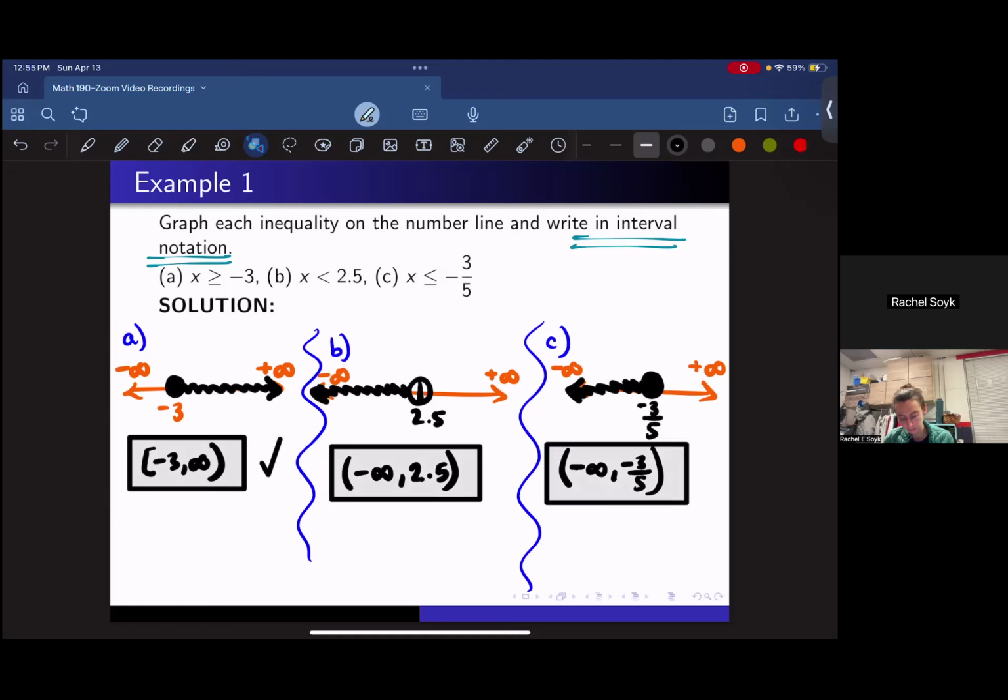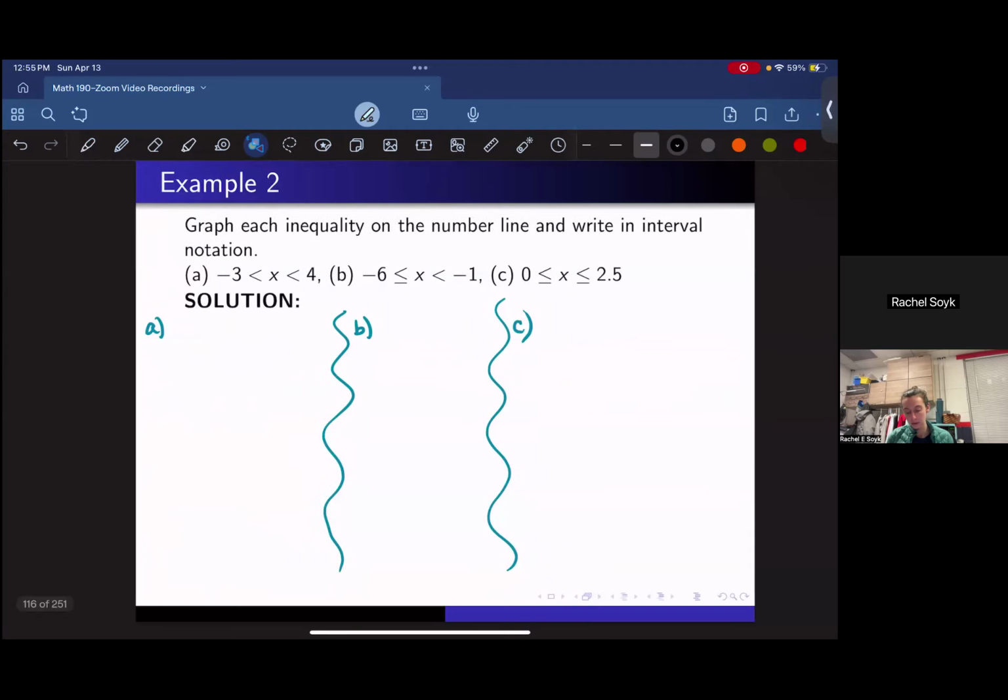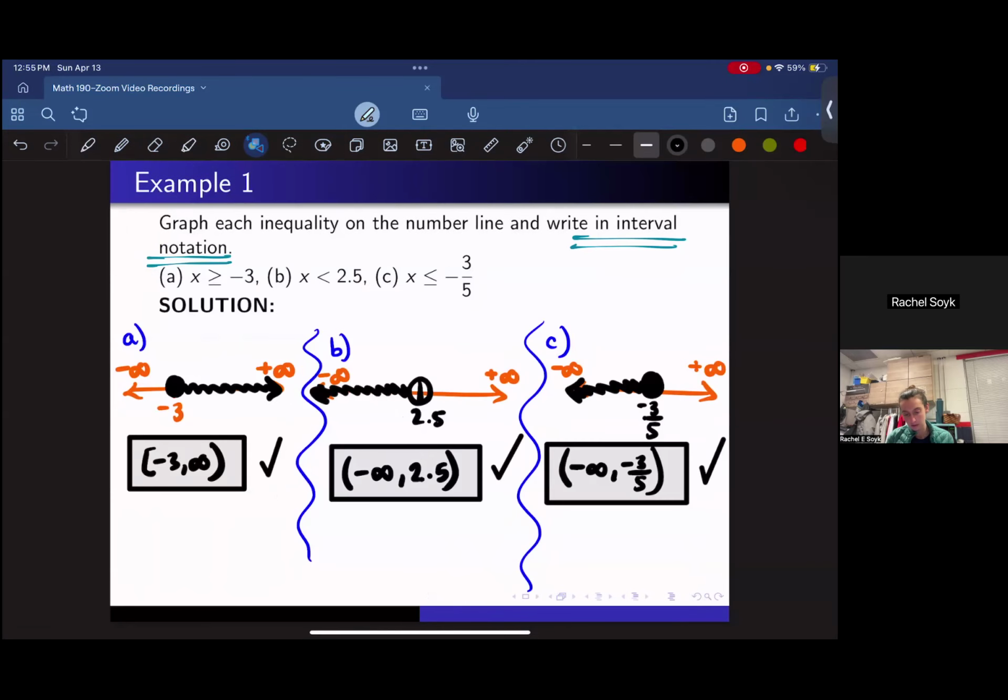And there we have it. Oh, I made a mistake on that last one. That should be a hard bracket. It's a closed circle. There we go.